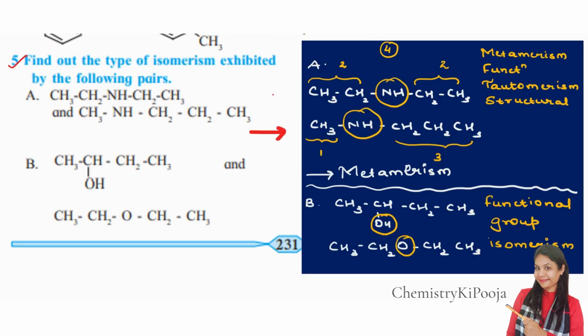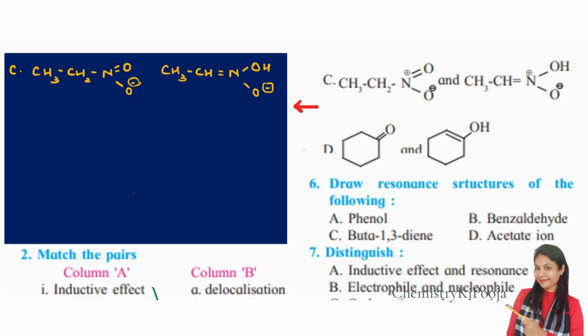Clear? So this is the entire concept related to isomerism. Let us quickly proceed ahead. Now the next question, C. Over here, if I carefully look into both the structures, I can see that the functional group is the same and the number of carbon atoms is the same on both the sides.